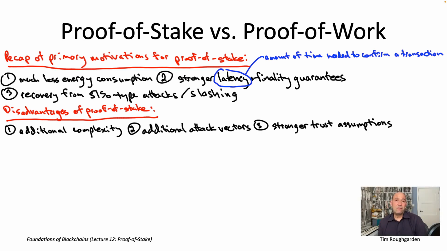As for the third disadvantage, the proof-of-stake protocols seem to need stronger trust assumptions than Nakamoto consensus. Here, the proof-of-stake proponent might argue that, okay, technically that's true, but if you look at Nakamoto consensus in practice, everybody running it is making comparably strong trust assumptions anyways, right? If you're operating a node participating in, for example, the Bitcoin protocol, you had to get the code for running the protocol somewhere.